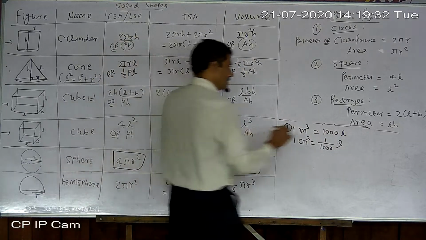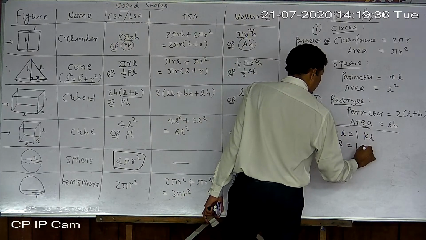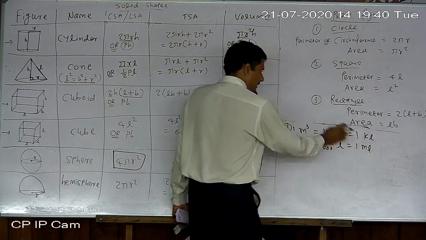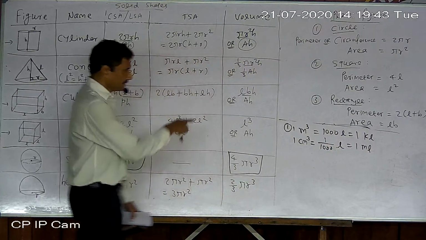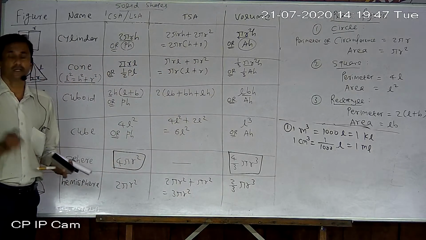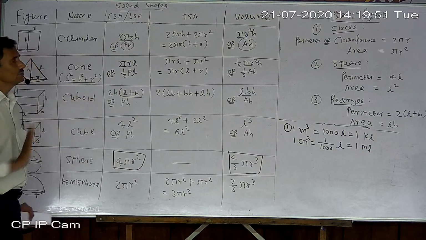Otherwise you can write 1 kiloliter here and 1 milliliter here, but those are not frequently used units. Units are only liter. So that relation of meter cube and liter, or centimeter cube and liter, you also have to remember.